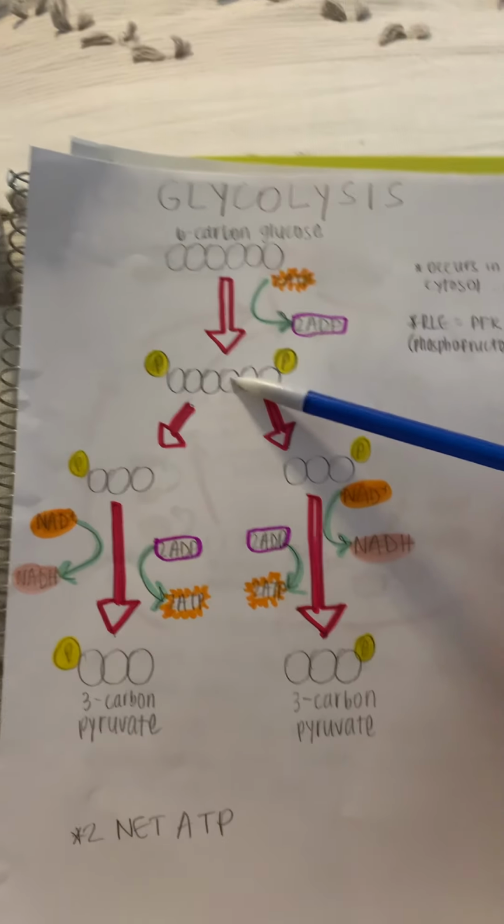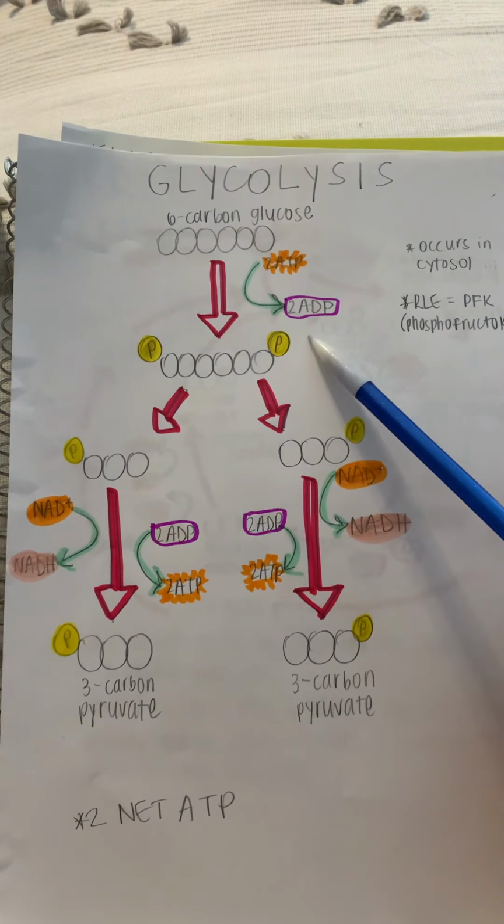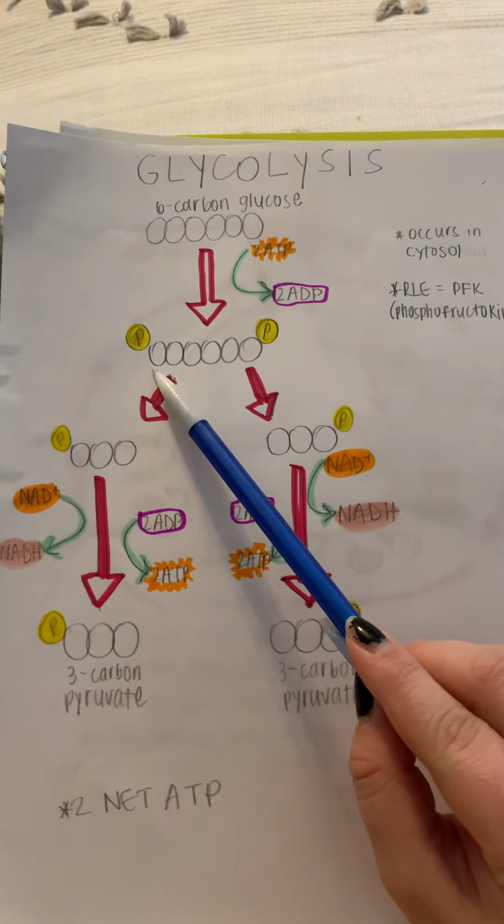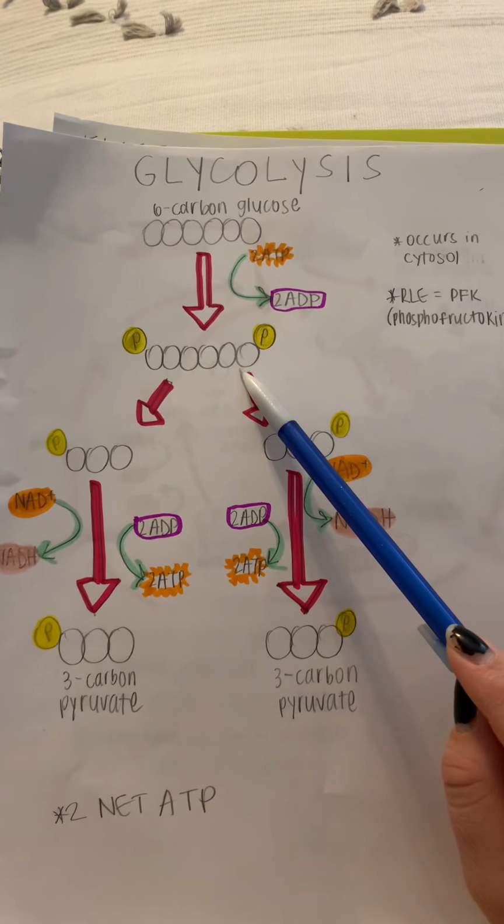Basically, you start out by adding 2 phosphate molecules to the first carbon and the carbon 6.